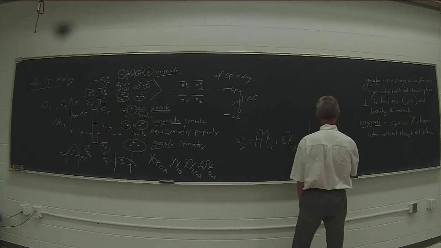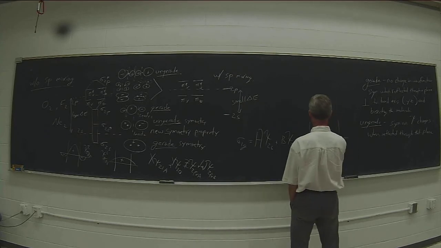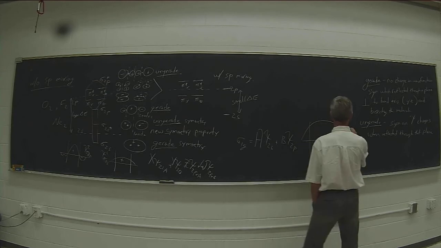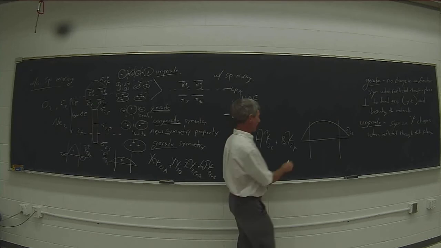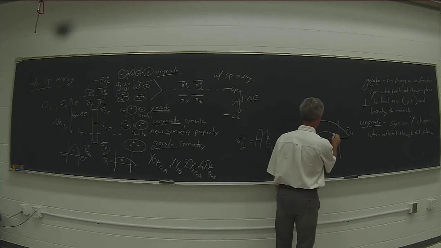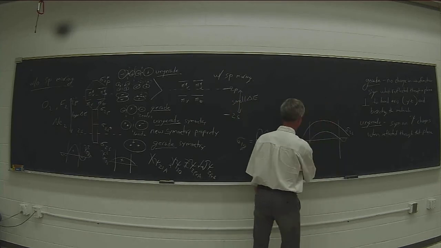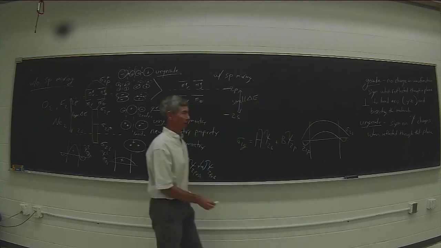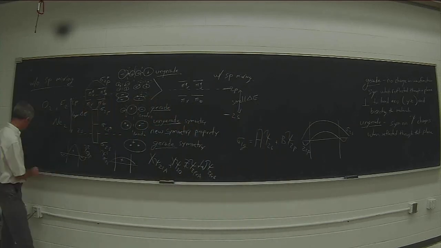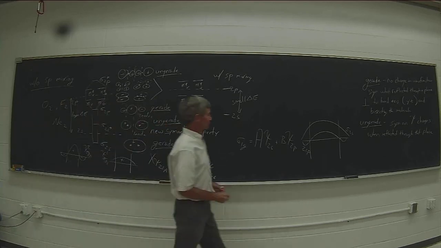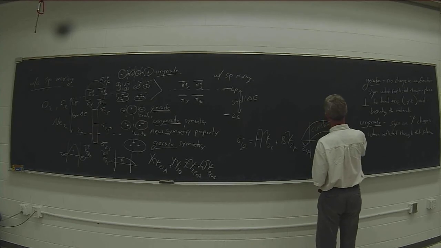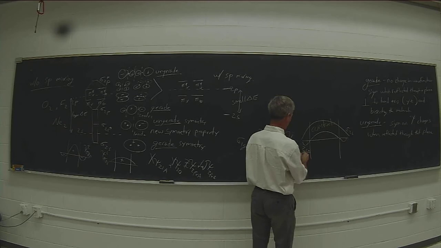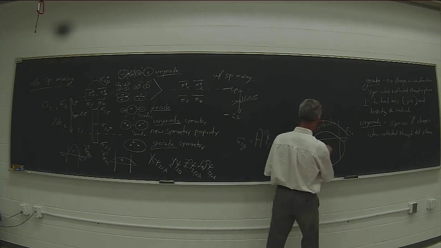So in graphical format, I'm going to take a fairly large sigma 2s orbital, and then I'm going to add to that a relatively smaller sigma 2p orbital. As I do that, I think you can see that there's constructive overlap in the middle, and there's destructive overlap on the outside.